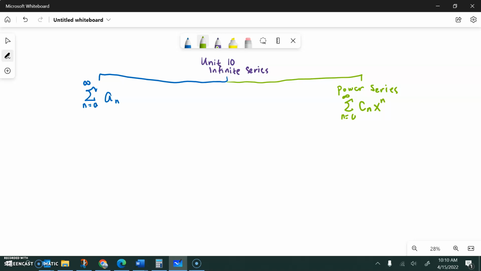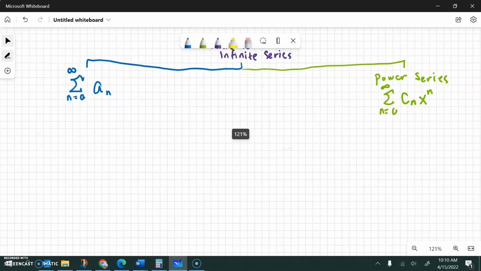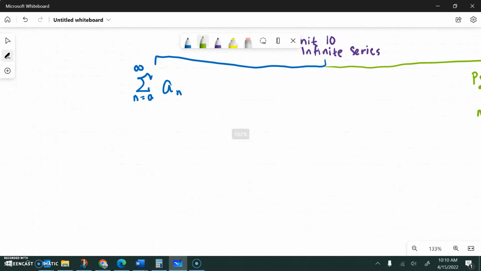We start with infinite series with just numbers in them, and then we introduce the idea of infinite series with x's in them. When we just have numbers in our infinite series, we focused on finding the convergence of those series.